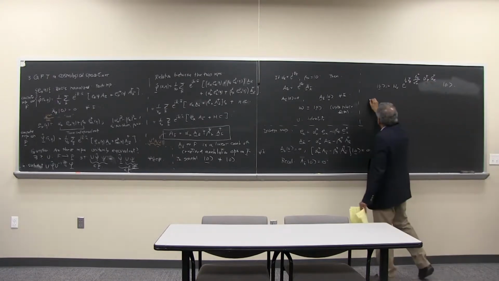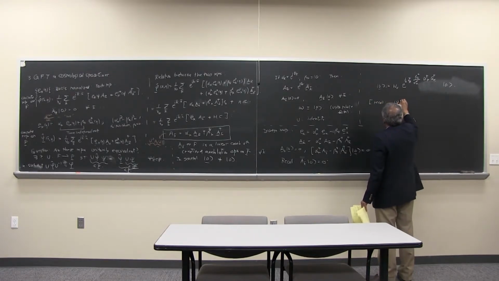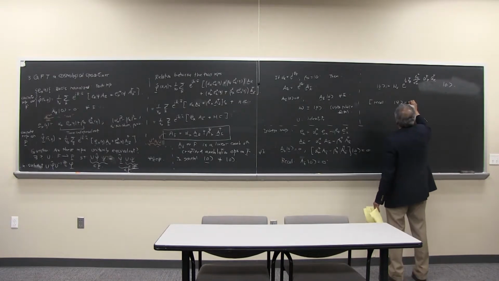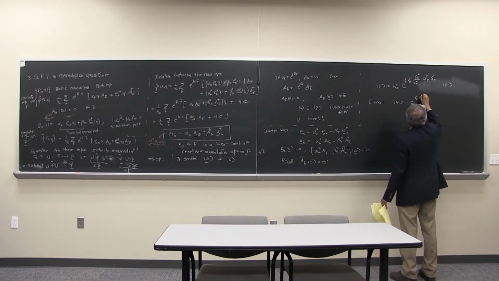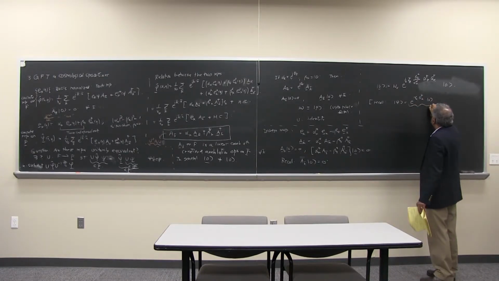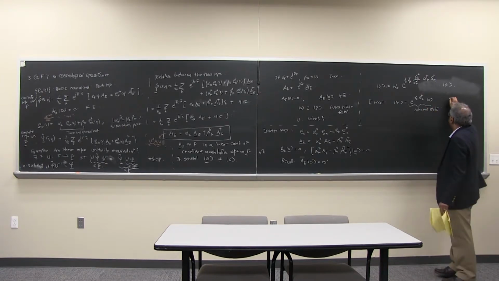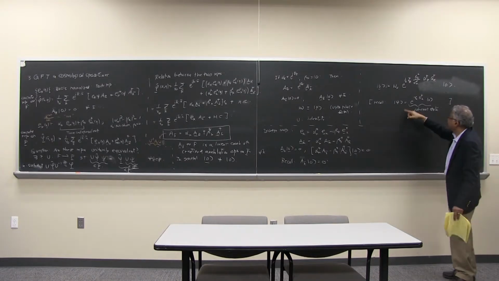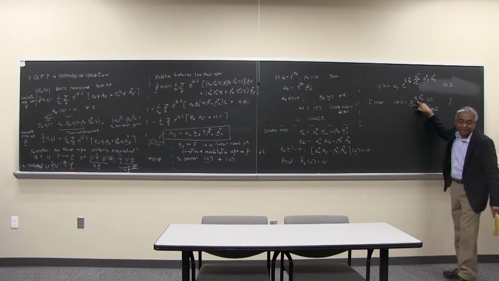If I take a state psi of the type e to the gamma k times A dagger k operating on the vacuum, this state is a coherent state. It is going to be peaked at some point in the phase space, given by this gamma.